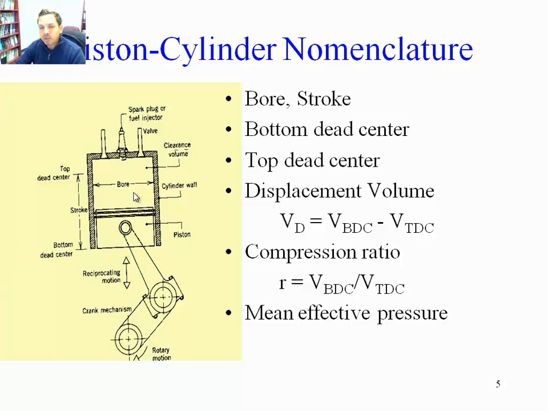We usually analyze cycles in internal combustion engines that are composed of 4 processes in 4 states, and every one of those states has a different pressure. But the mean effective pressure is essentially a measure of the average pressure throughout the entire cycle. And that's equal to the net amount of work produced divided by the displacement volume, V_D. Okay.